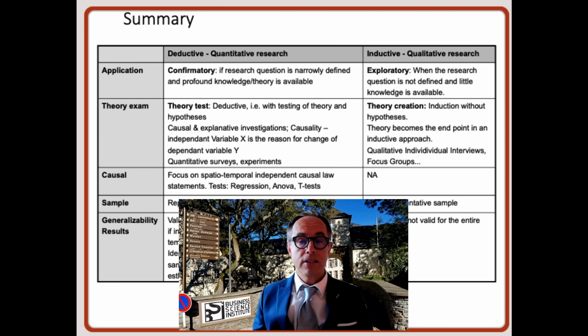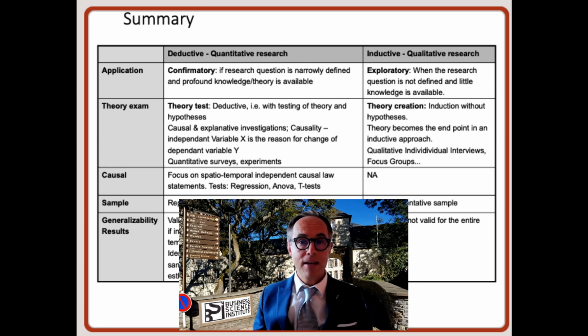As you have seen, you've read research articles, there are also always limits. And one of the main limits is that our research is often not representative. We use convenience samples, student samples.